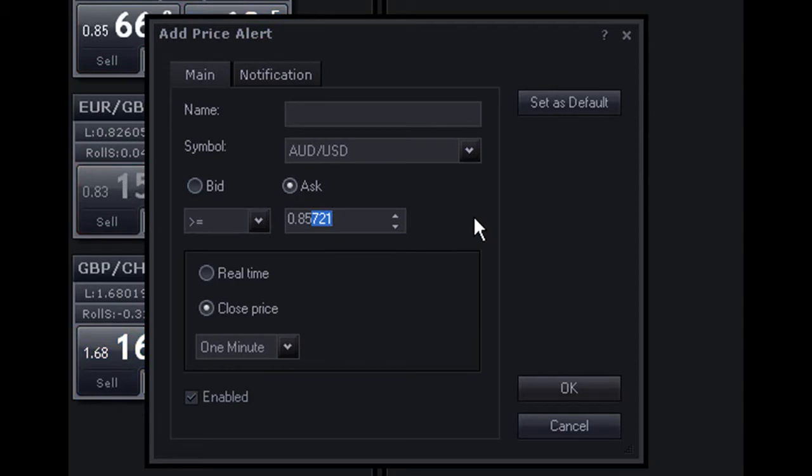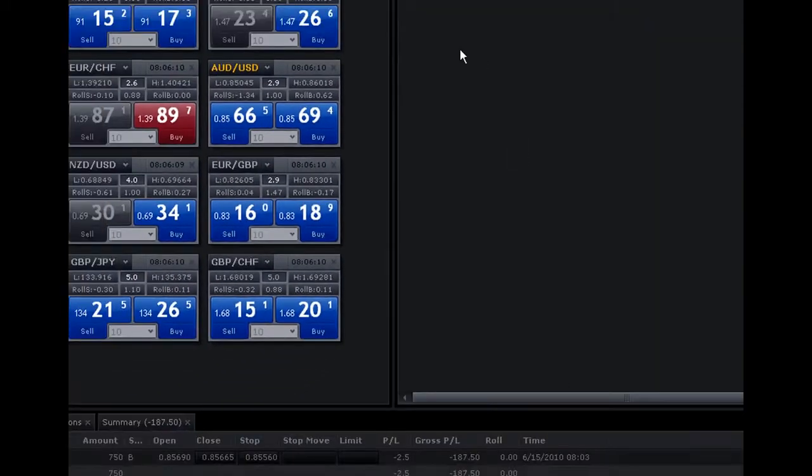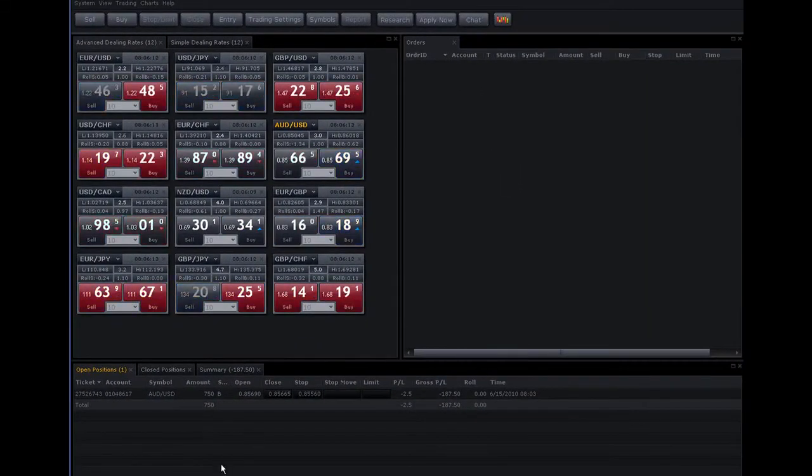So let's just change it to 8579. And that's where we want a real-time alert. Notification, we want it to be a sound as well. So just select a sound. Yep, that's fine for me. And I'll click on OK. So our price alert is in there now.